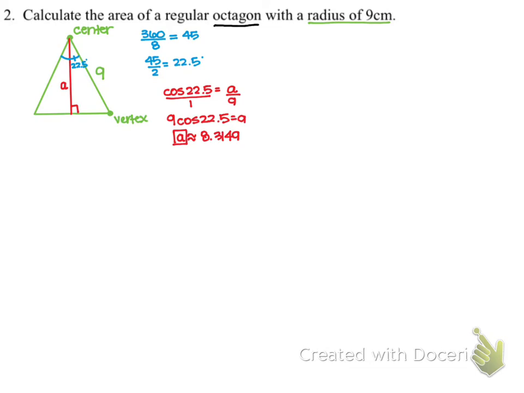So just make sure that you know where it is on your calculator. Okay, we also need to find the base of the triangle. So I'm going to call that length in purple B. All right, I don't want to use A to get it, so I'm going to use sine this time. So I have sine of 22.5, which is equal to opposite over hypotenuse, cross multiply.